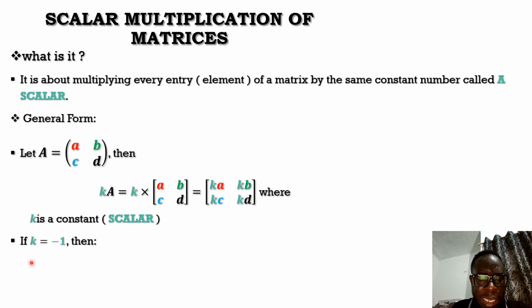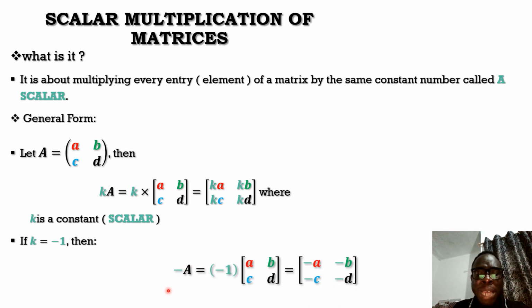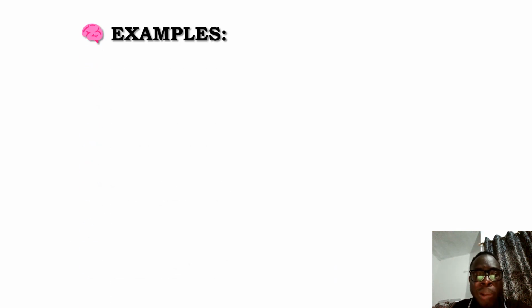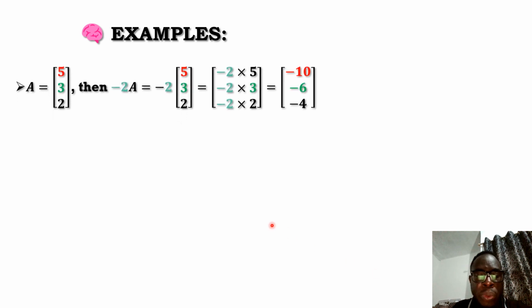So an example is if k is -1, then for our matrix A, that is -A, we have -1 as our k, and -1 will multiply each of the entries, elements of the matrix, for us to have the results of -a, -b, -c, and -d. So if we want to think about an example, let's look at this particular example.